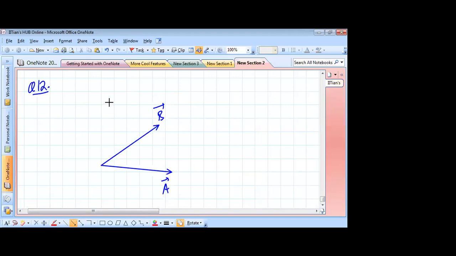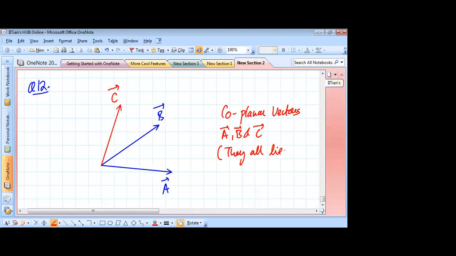In such a case, the vector C is what we say coplanar to A and B. So this is an example of coplanar vectors A, B, and C, because they all lie in a common two-dimensional plane, which is in this case the plane of the screen.